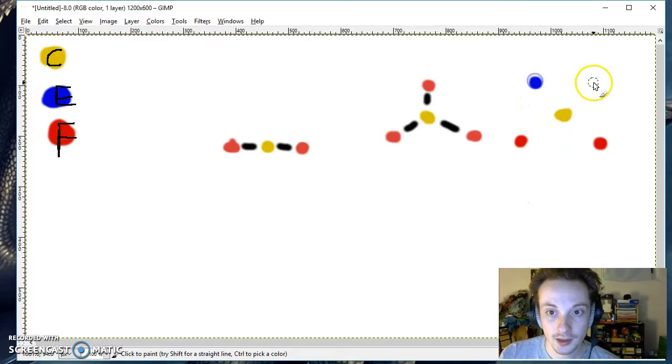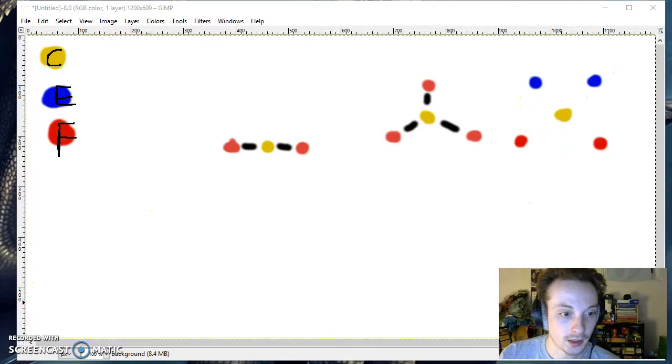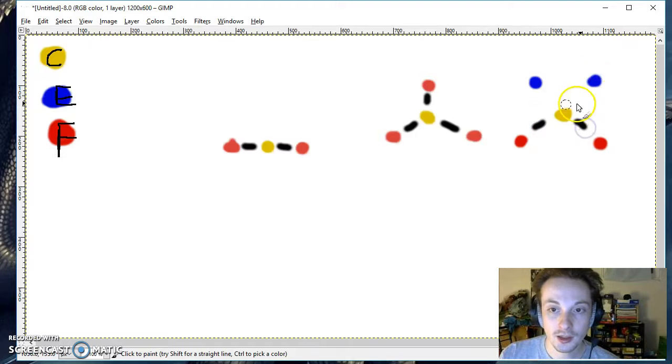So we have two bonds, and these two electron clouds push down on the bonds and make them get much closer together. So it's usually about 109 degrees, and this is called bent. There is one other version of bent, but I'm not going to talk about that one, and this is usually seen in water.